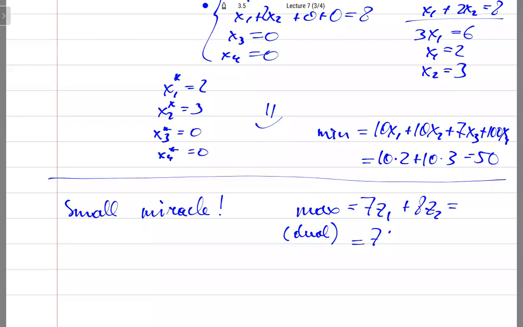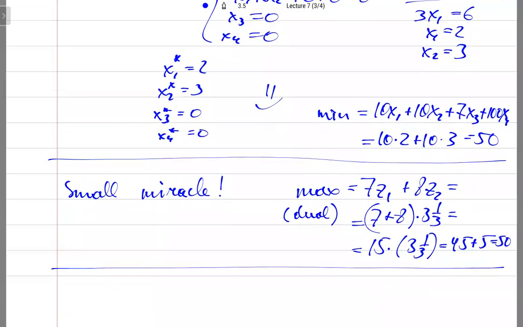It is 7 plus 8 times 3 and 1 over 3. It's 15 times 3 and 1 over 3. It's 45 plus 5. It's 50. Wow. Not only the variables of the original problem and the Lagrange multipliers of the dual problem, but the extrema are equal.